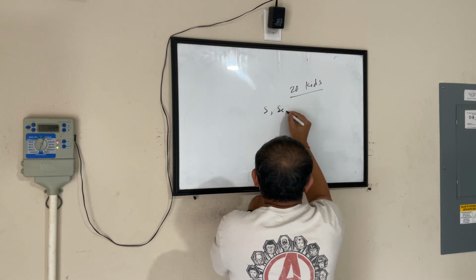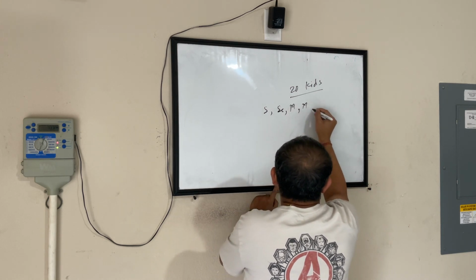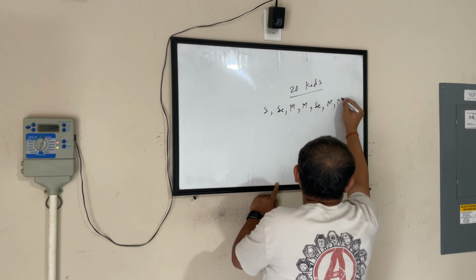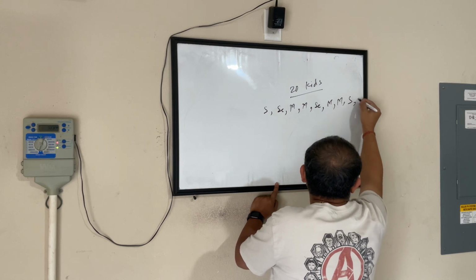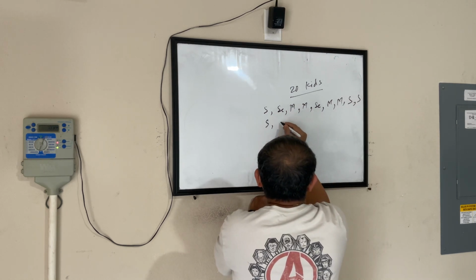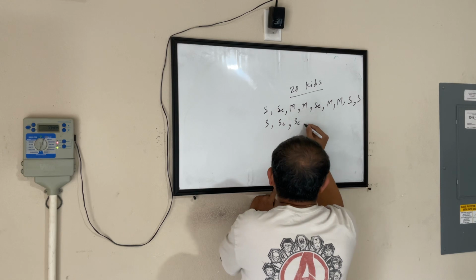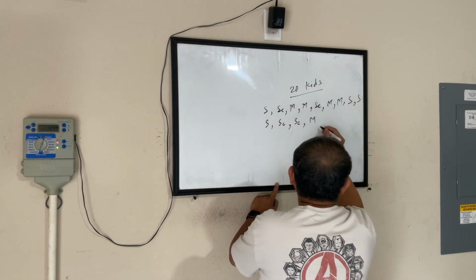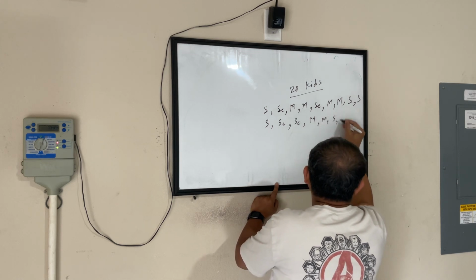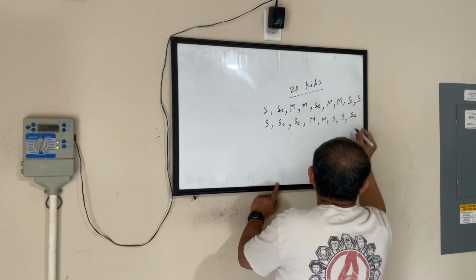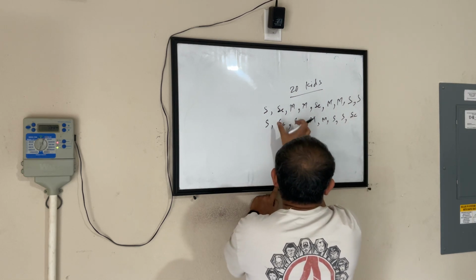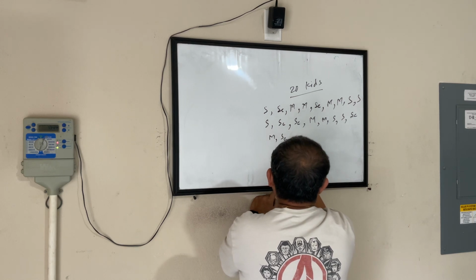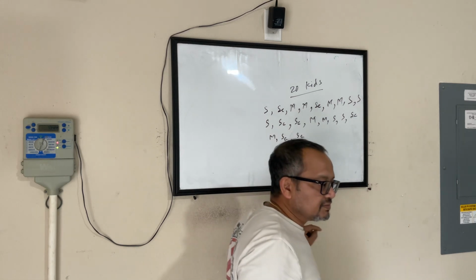We got the information like SS, C, M, SC, M, S, SC, M. Let's say 3 plus 3 is 6, 9, 12, 13, M, S, SC, 8, 11, 14, 17, and then M, SC. This is what we got.